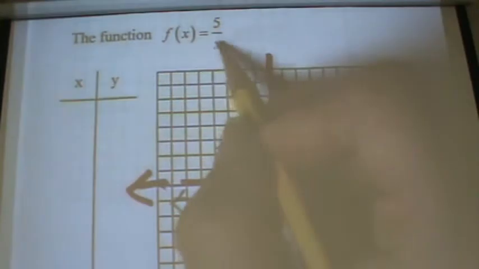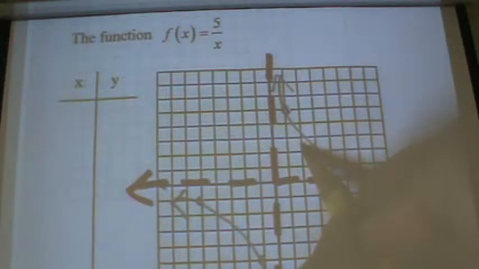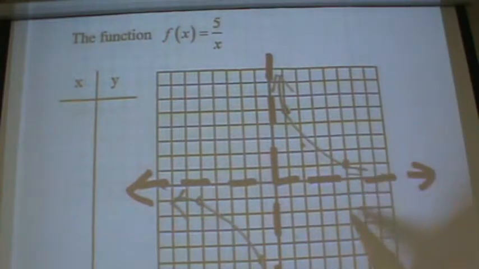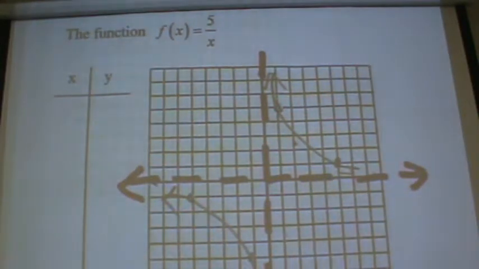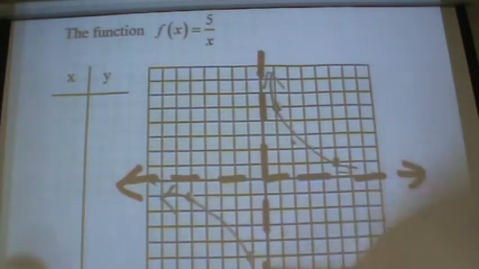If you put a 2 in here, what do you get? Over 2, it's going to be up 2.5. So technically that is the middle point right there. It should have been going down like that. The more points you pick, the more accurate your graph is. But I'm looking for these 4 points.